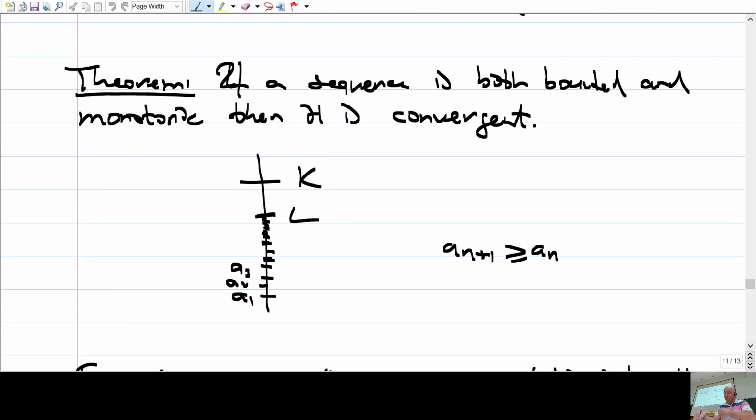And this is a picture where this monotonic sequence is, let's say, increasing, and it's bounded from above by some real number k. Then this sequence is increasing, but it will not go above this level. Therefore, it has to accumulate somewhere. And there is always such a number L, so that this sequence is convergent.